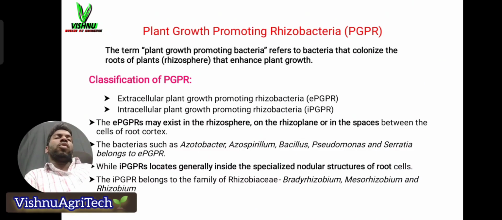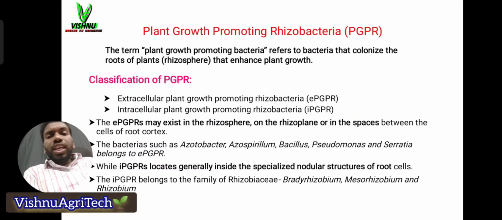Next, plant growth promoting rhizobacteria. This is another one, called PGPR, short form PGPR. The term PGPR, plant growth promoting bacteria, refers to bacteria that colonize the roots of plants, the rhizosphere, and enhance plant growth. Classification of PGPR: two types, extracellular plant growth promoting rhizobacteria and intracellular plant growth promoting rhizobacteria, EPGPR and IPGPR.